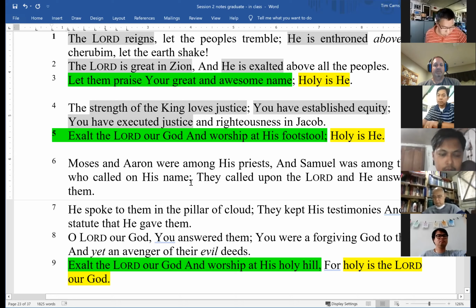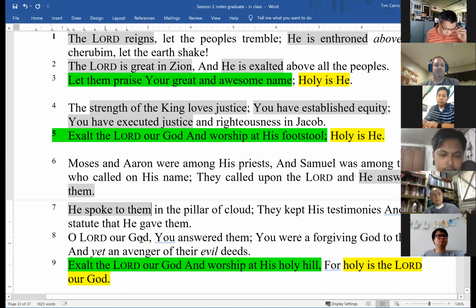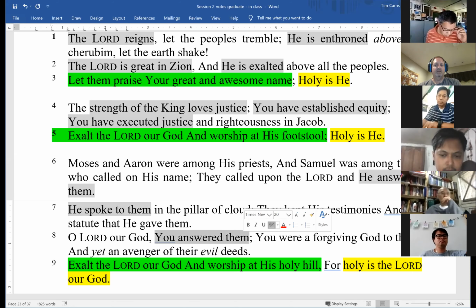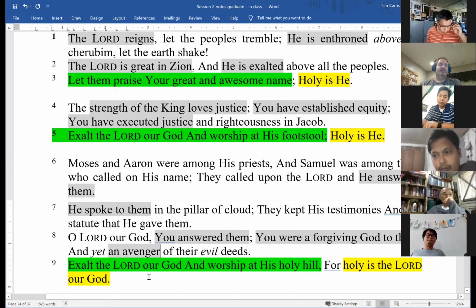Verse 6. He answered them. Statement. He spoke to them. Statement. Testimonies he gave them. You answered them. Statement. You were a forgiving God to them. Statement. You were an avenger. Statement. Then a command. Do you guys see this?